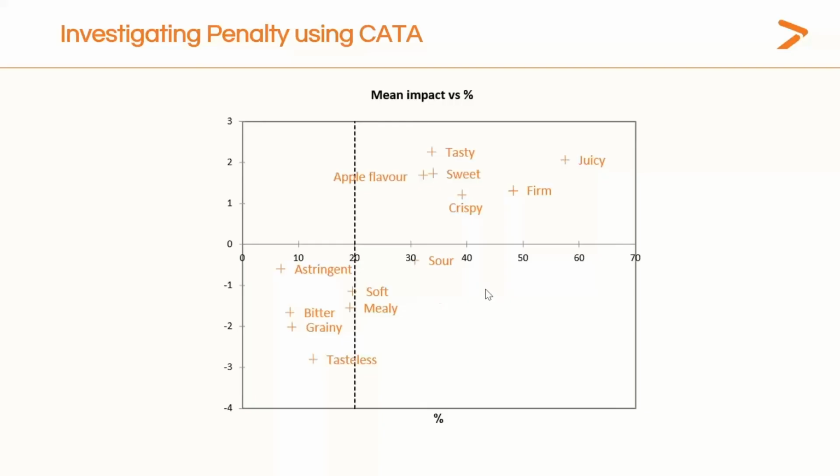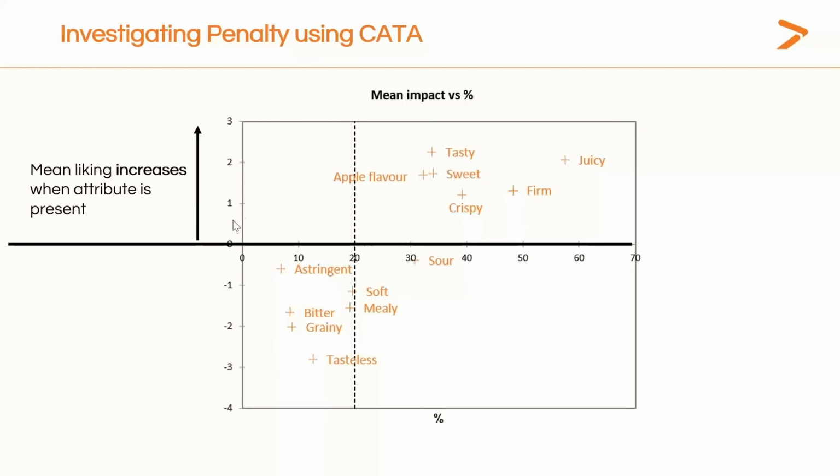Another thing to check is this chart, which is also very synthetic. I really like it. You have a mapping of the different attributes. I will split the chart horizontally. Above this horizontal line, we say that mean liking increases when the corresponding attribute is present.